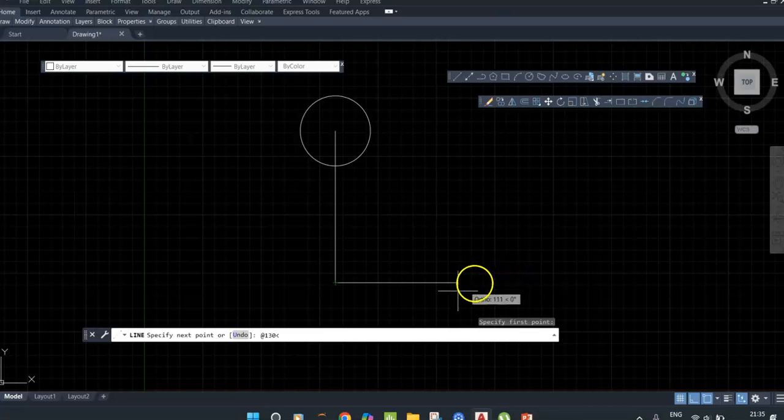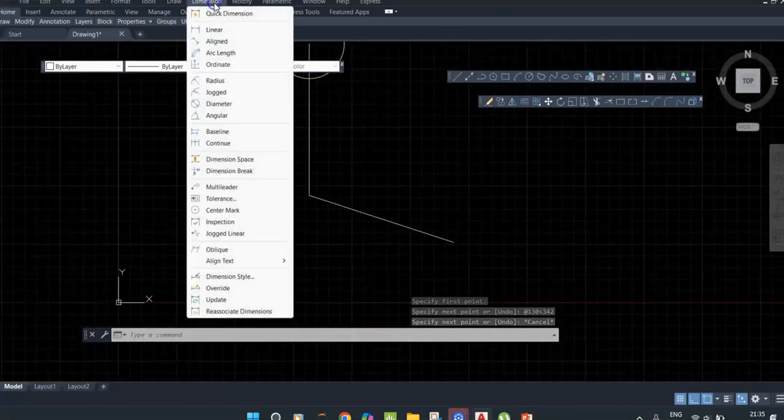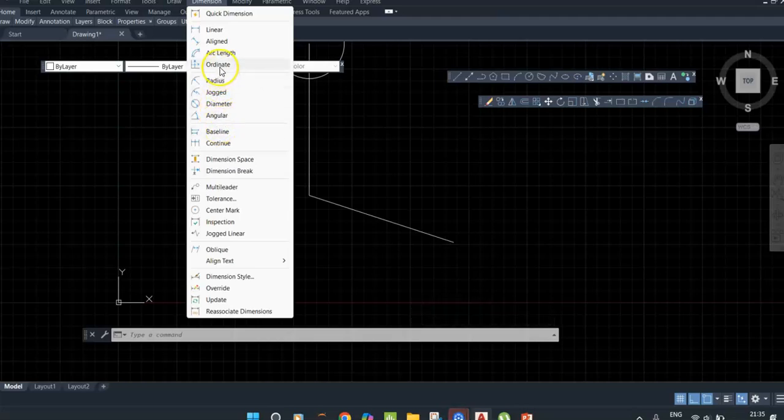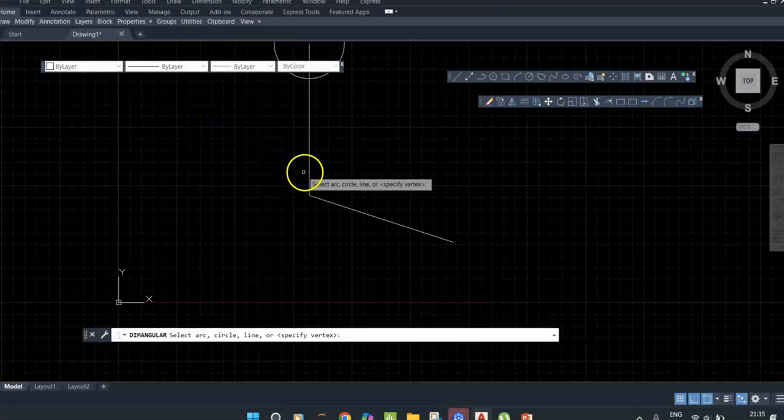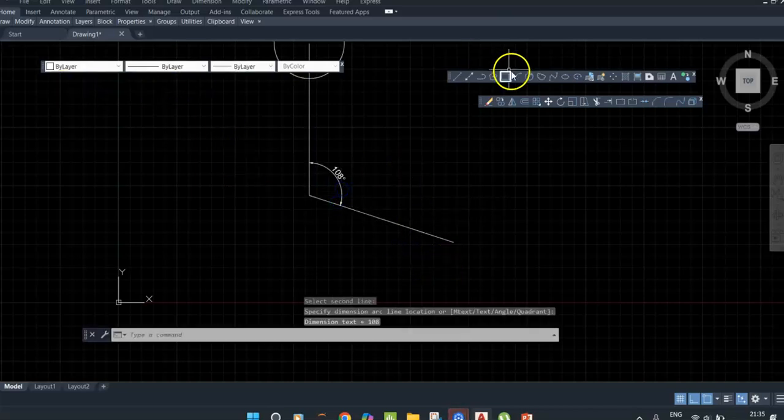If we calculate L less than theta, I am giving it as 360 minus 108, which is equal to 342. Please check the calculations once. Then measure it before going to further steps. From here to here, the included angle is 108.